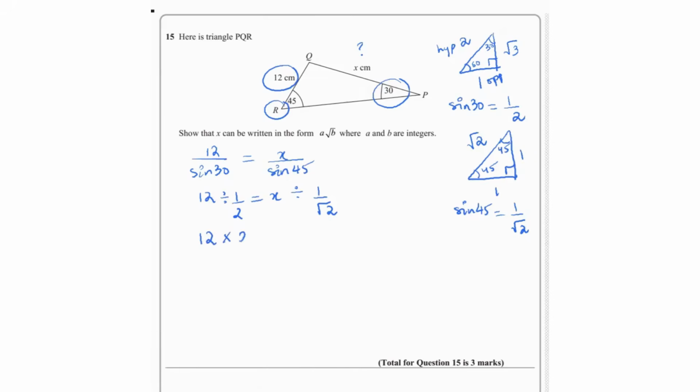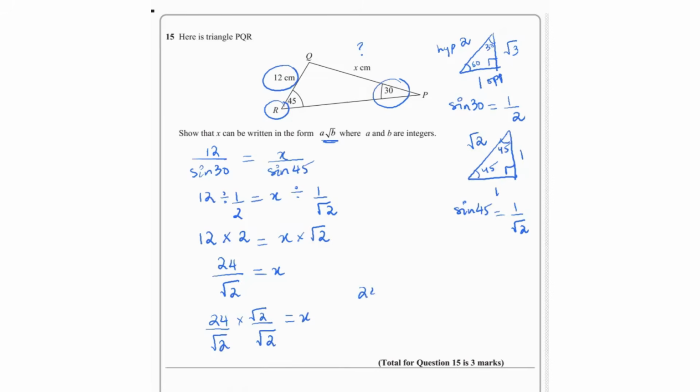12 times 2, because it's 12 divided by 1 over 2, so we take the reciprocal, it becomes 12 times 2. And this becomes x times root 2. So now we have 24 over root 2 equals x. They want the answer in this format, so we rationalize the denominator. To rationalize the denominator, you multiply and divide the fraction by the surd in the denominator, which is root 2.